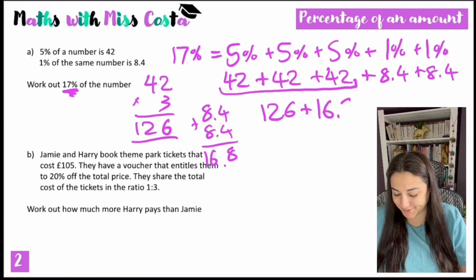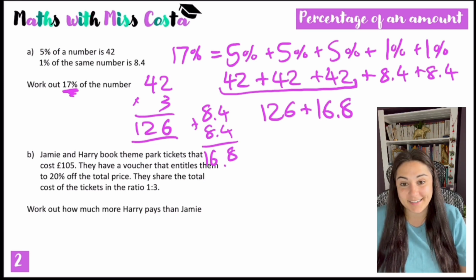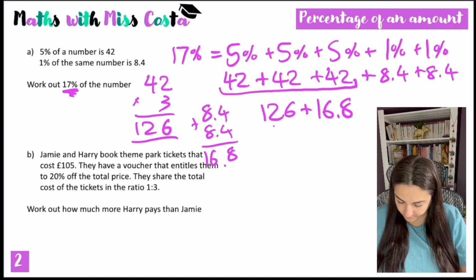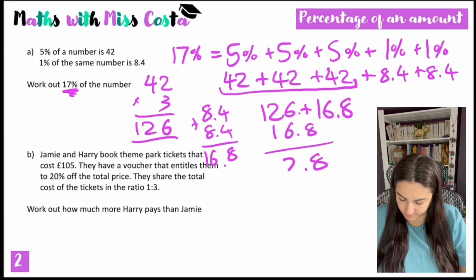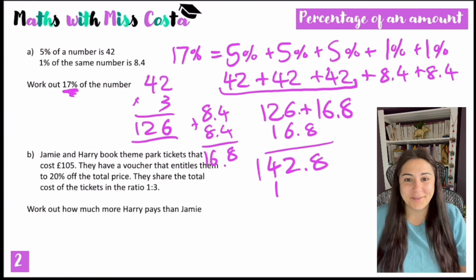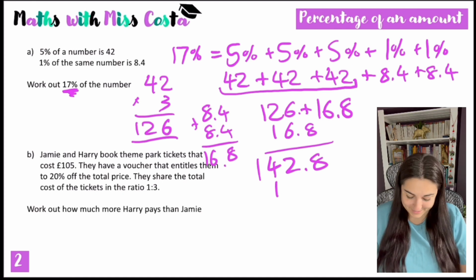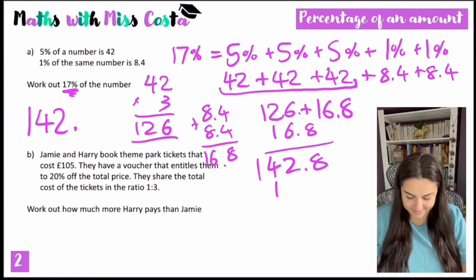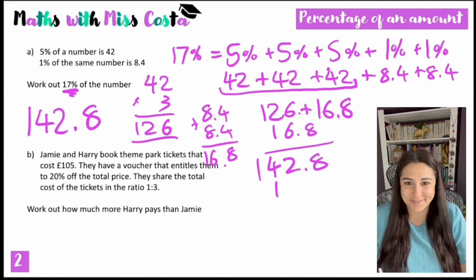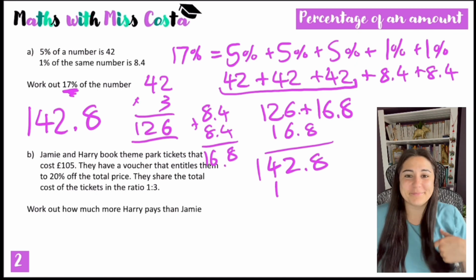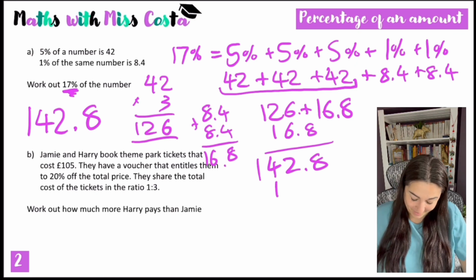So 126 plus 16.8, let's do that here, 6 plus 6 is 12, 2, 3, 4, 142.8 is the number that I have worked out.